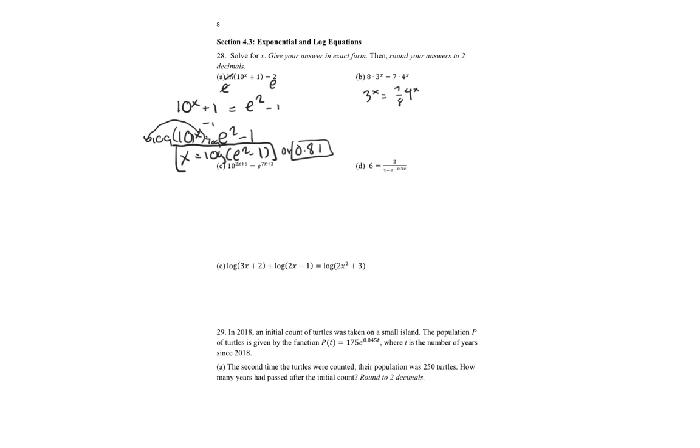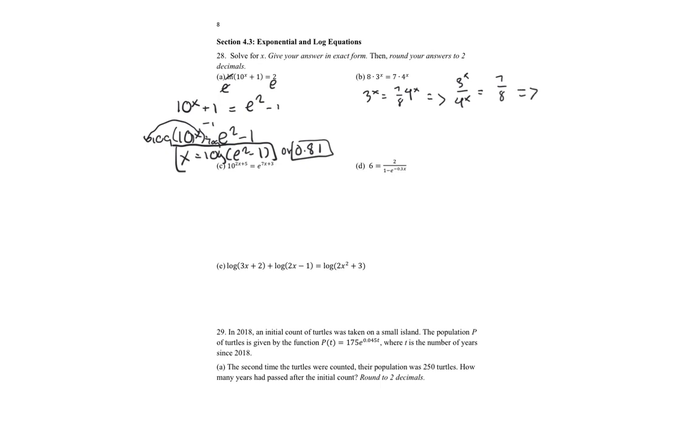And then since we're wanting to solve for x, we should probably get them on the same side. And so we can then divide by 4 to the x on both sides. So then this is going to turn into 3 to the x over 4 to the x is equal to 7 over 8. And then we can actually rewrite this, since both the 3 and the 4 are being taken to the x.